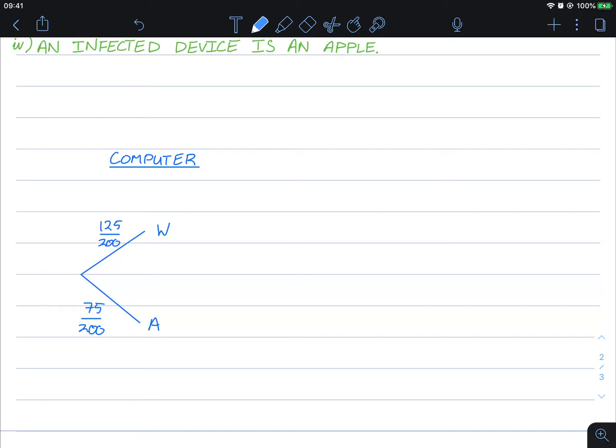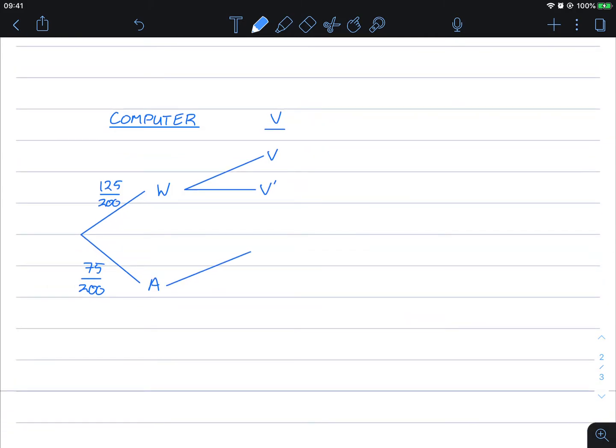The next one is infection, or just virus, V for virus. Either the Windows does have a virus or it doesn't have a virus. Same goes with the Apple. Either it does have the virus or it doesn't have the virus.